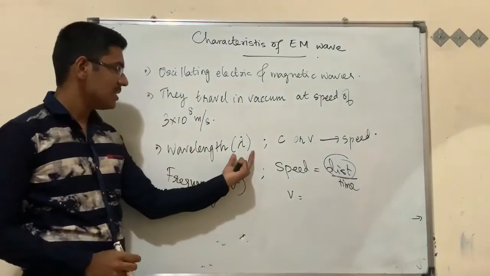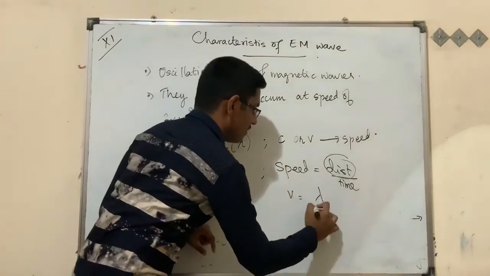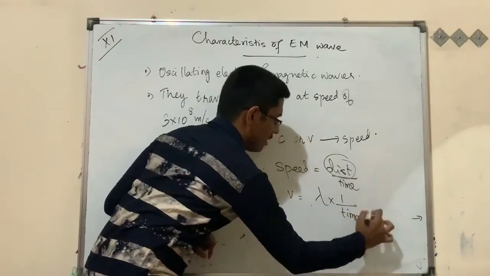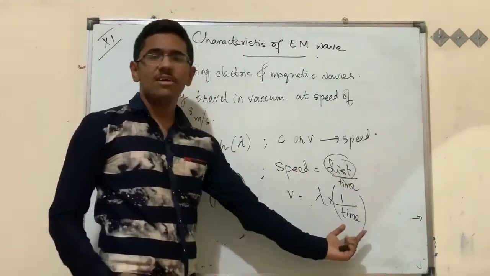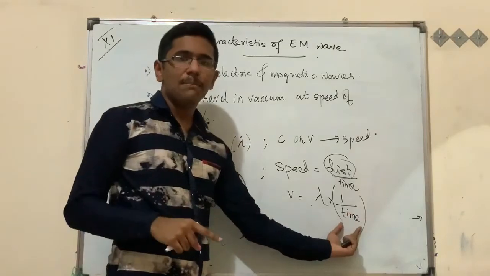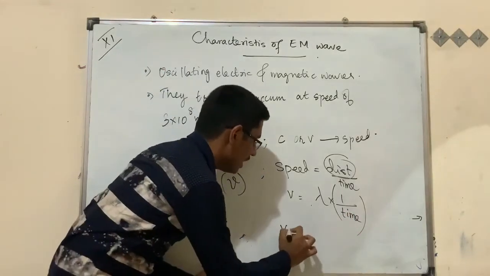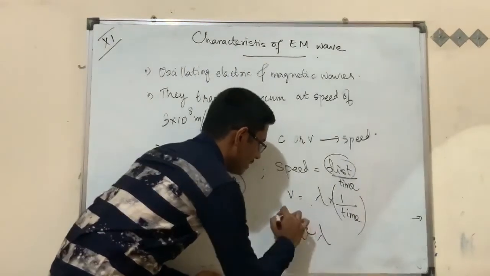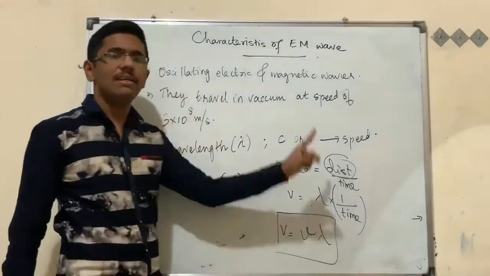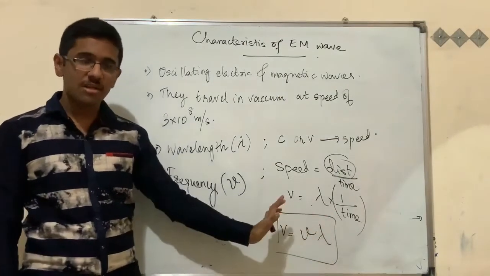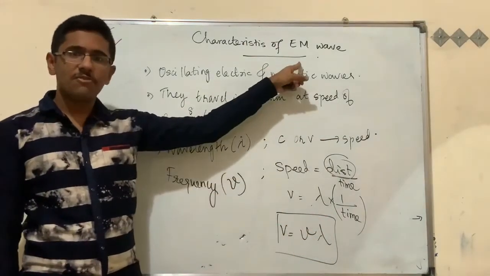Distance we can represent it as a wavelength lambda divided by time, or I can write lambda into 1 by time. What is this 1 by time? It is a frequency. Frequency indicate reciprocal of the time period. Okay. So v equal to nu lambda. This is a very famous relation indicating electromagnetic wave, and this is a speed time distance relation connecting electromagnetic wave.